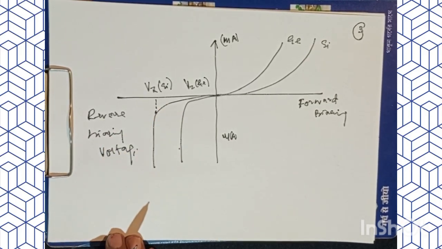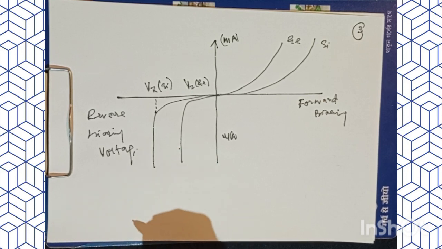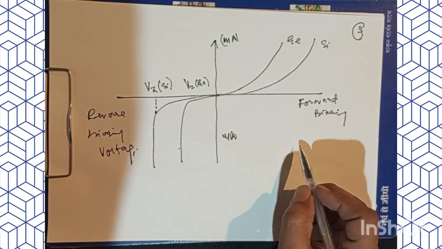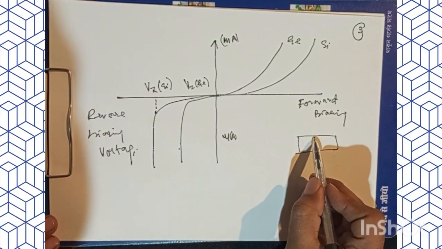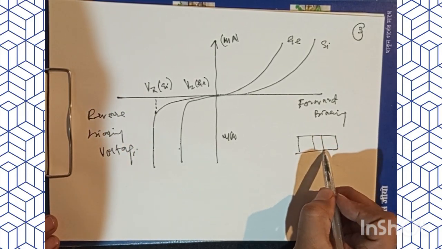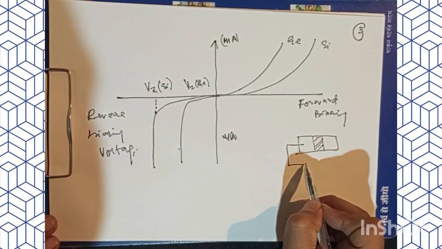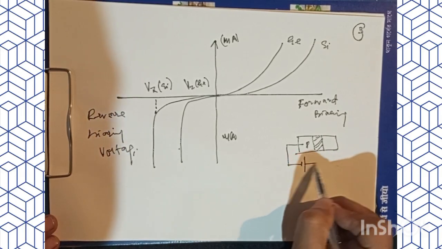All right. Now, what is the cause of the sudden breakdown in the reverse characteristics of the zener diode? This reverse current is due to the minority charge carriers. We understand it from the p-n junction point of view. If we reverse bias a p-n junction, the width of the depletion layer is more, but there is a small magnitude of current by virtue of what we call minority charge carriers.